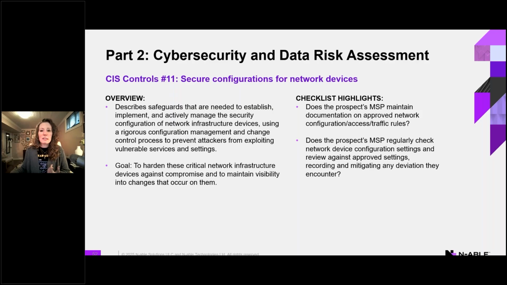So this is very similar to when we talked about secure configurations for hardware and software back in control number 3, because as delivered from manufacturers and resellers, default configurations for network devices like firewalls, routers, and switches are geared towards ease of use and ease of deployment, not necessarily taking security into account. And so attackers are searching for these vulnerable default settings.